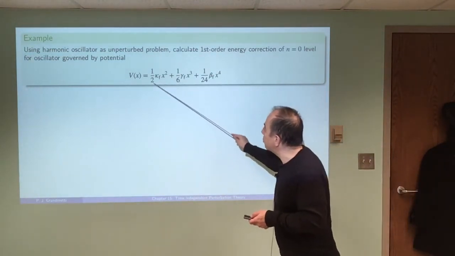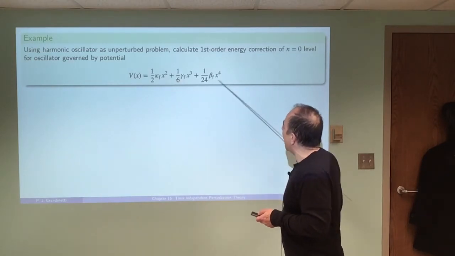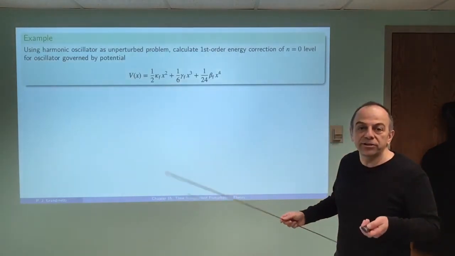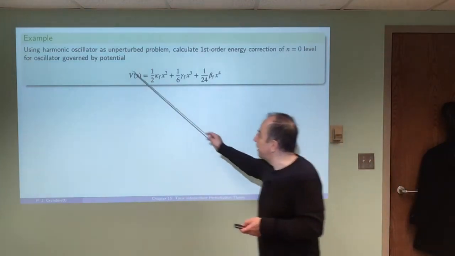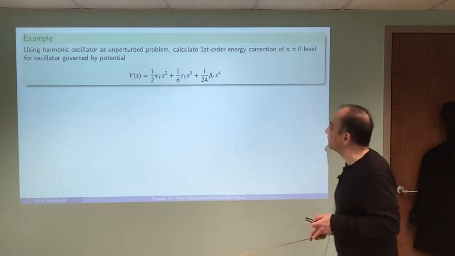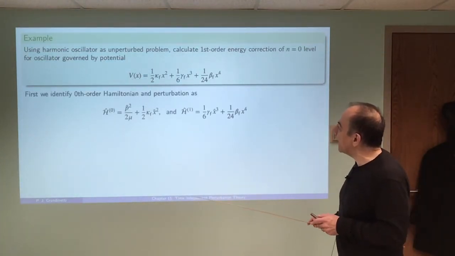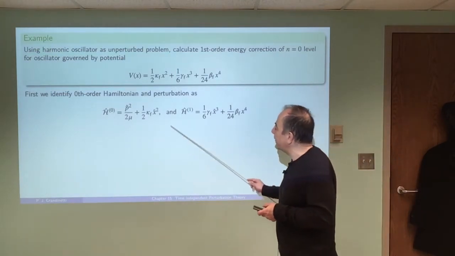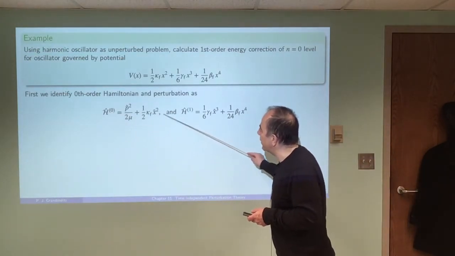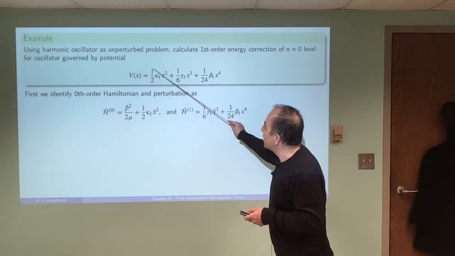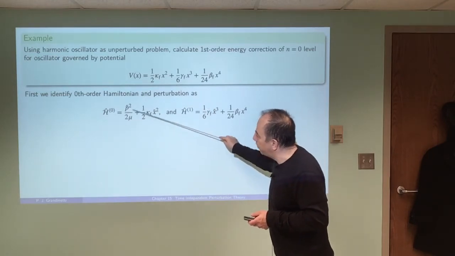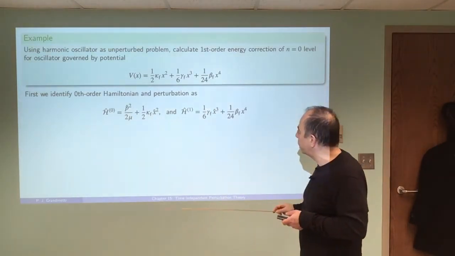So we know the solution to just this. If we add this, how are those energy eigenvalues and eigenstates for the harmonic oscillator going to change? So we're going to write down that we identify the 0th order Hamiltonian, in this case, as this term for the potential energy plus the kinetic energy, which we had from before.